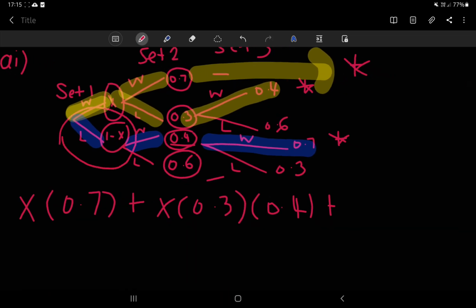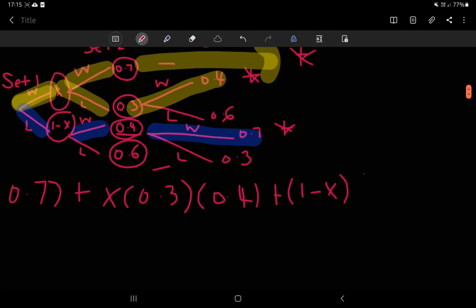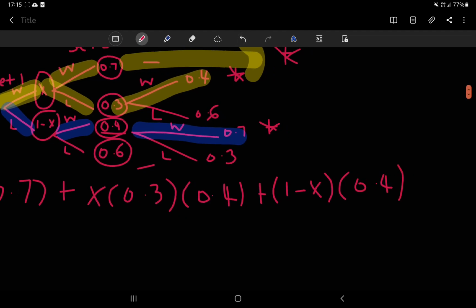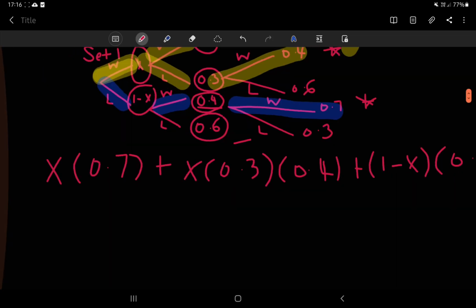Plus the case where you lose the first set, which is 1 minus x, and then you win the second set, which is 0.4, and then you win again, which is 0.7. This is equal to 0.64, right?